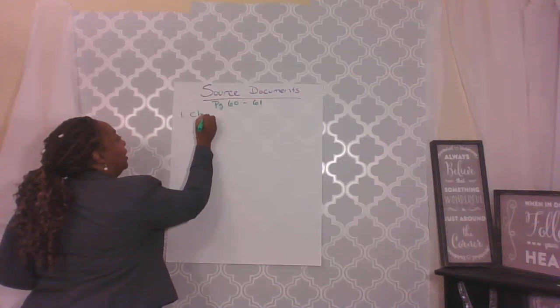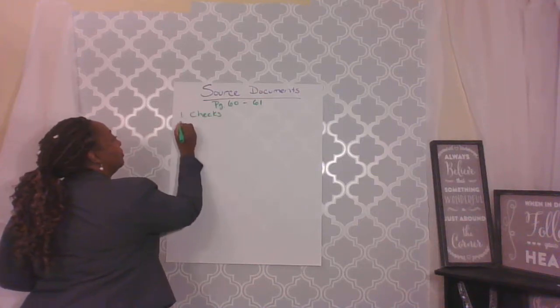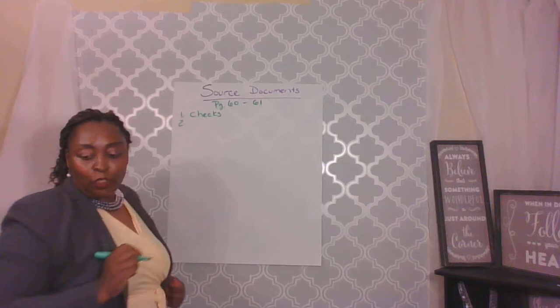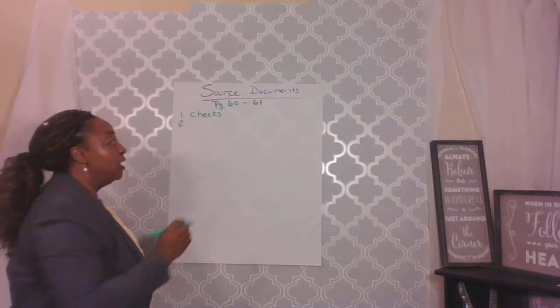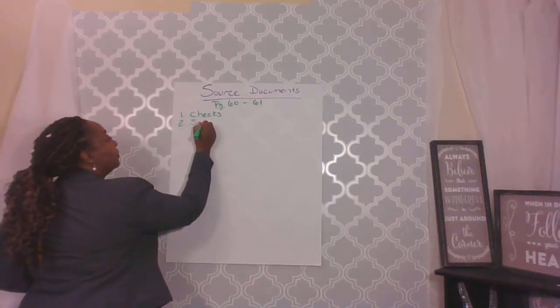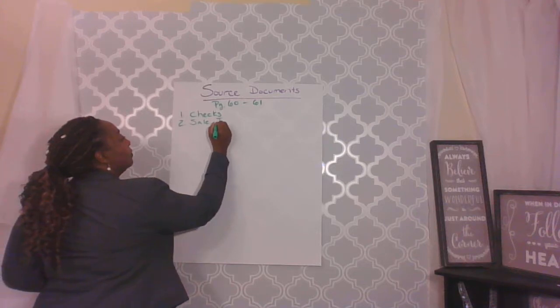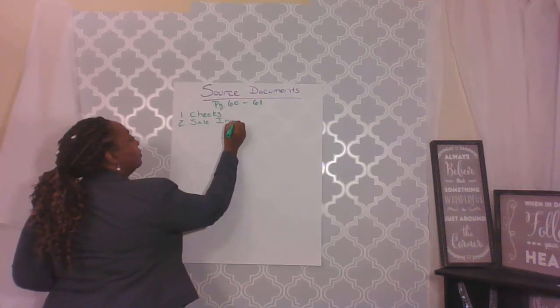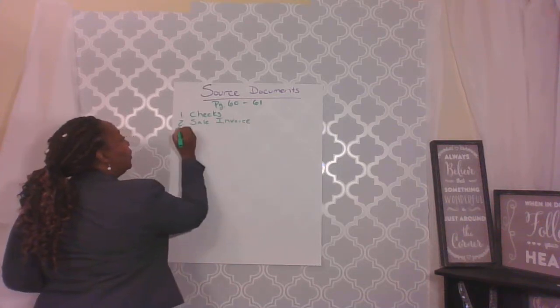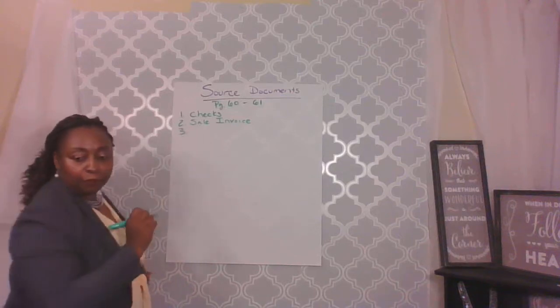There are checks, which is on page 60, sales invoice, which is on page 60.